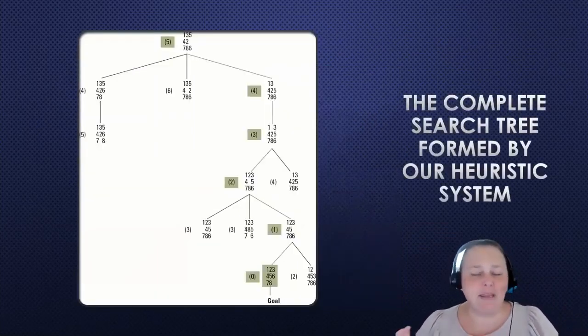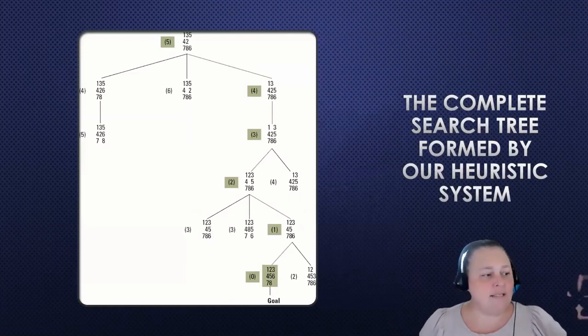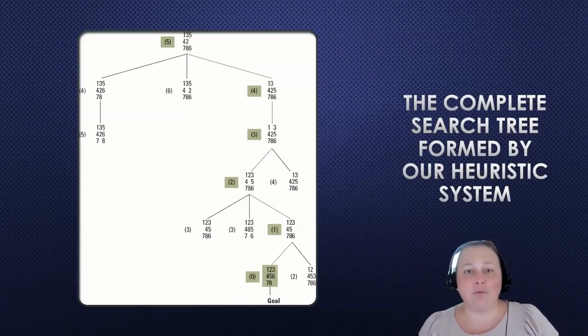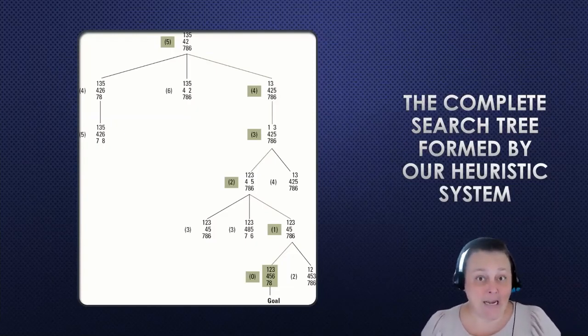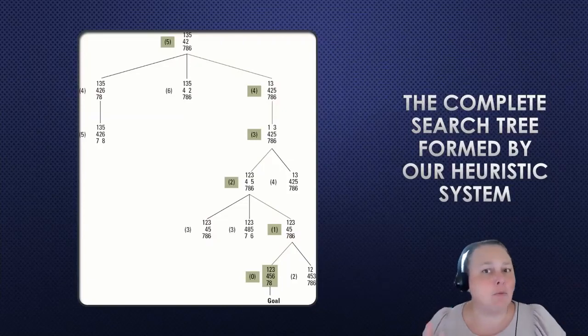Well, if we do this and we keep moving on, you can see here the ending result that we're going to get. Now remember, you're going to go number first and then leftmost first. It's going to look very similar to that search tree that we had, but it's going to be a little bit smarter. So we're not exhausting and doing every single one. We're being a little bit more smart about what we're choosing.